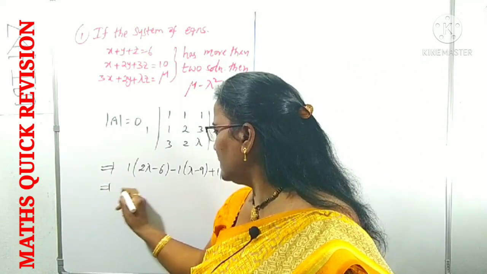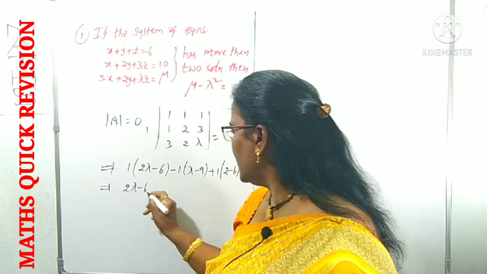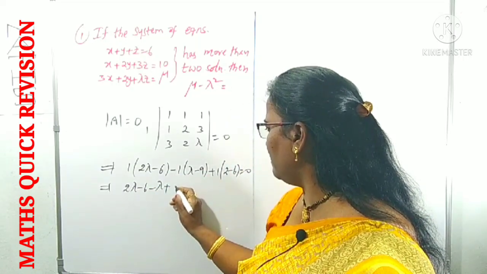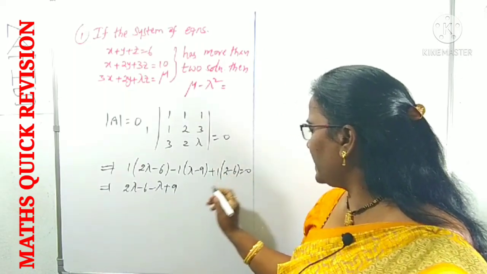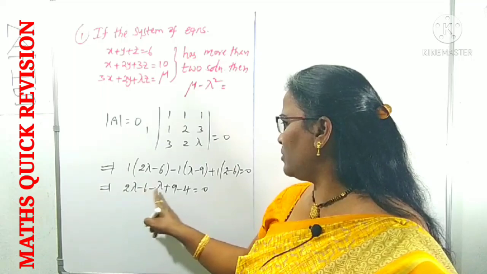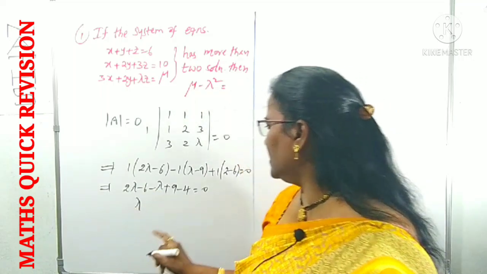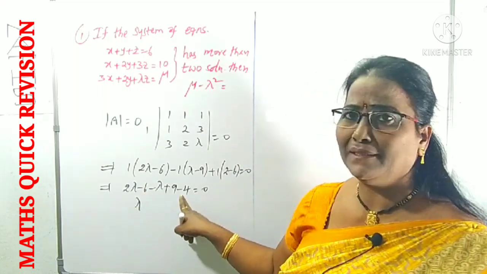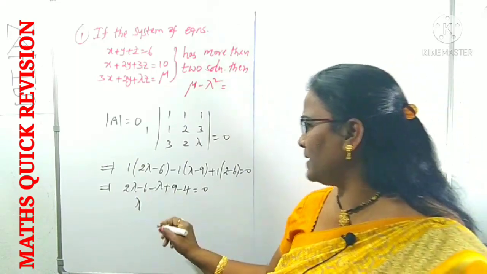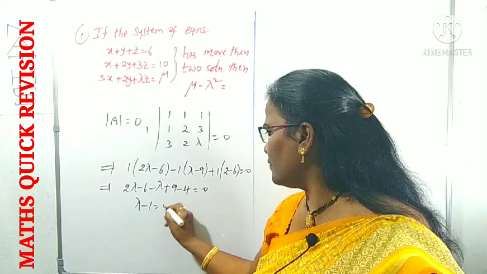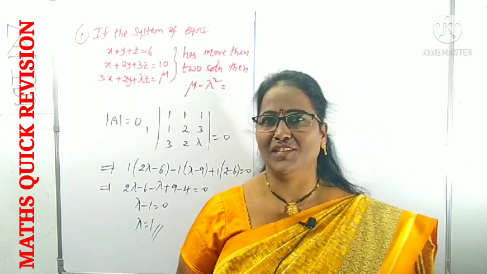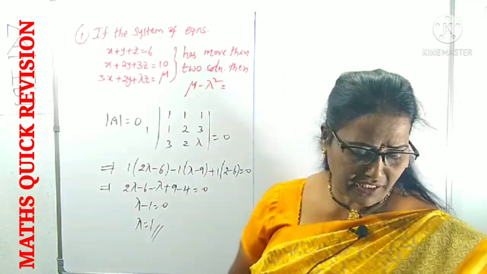It is simply 2 lambda minus 6, minus lambda minus 9, plus 9, plus 2 minus 6, which is minus 4, equals 0. From this, 2 lambda minus lambda is lambda, with minus 6 minus 9 minus 4, that is minus 10, plus 9 is minus 1, equals 0. We got the lambda value is 1.